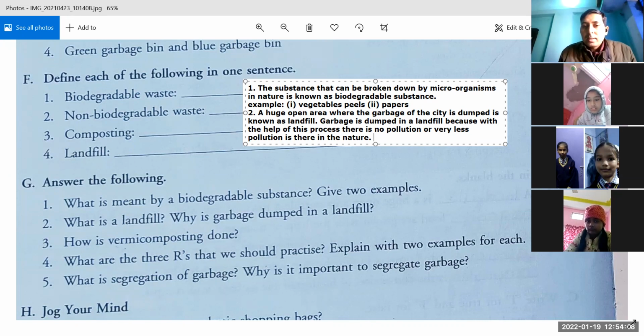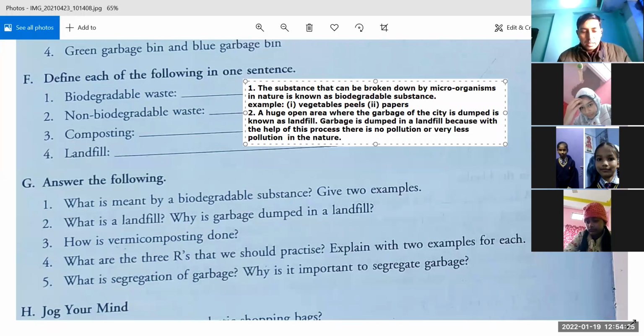Garbage is dumped in a landfill because with the help of this process there is no pollution or very less pollution we see in the nature. Here you write we see in the nature.